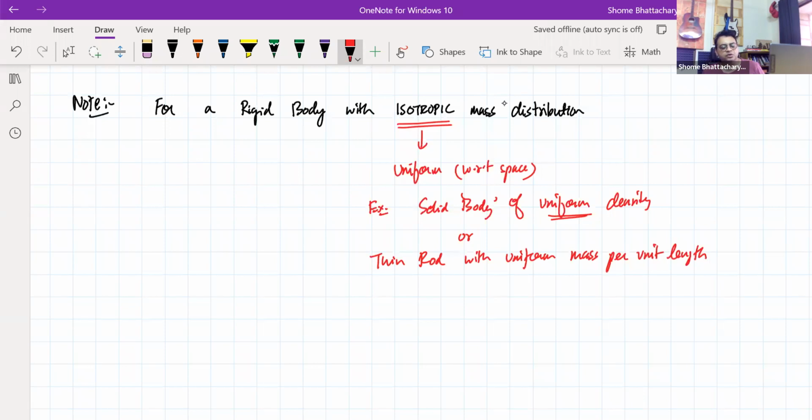If mass is distributed over length with uniform mass per unit length, then we will say it is isotropic. Or if it is a surface, like a thin plate, and it is isotropic, then it has uniform mass per unit surface area. So such bodies will be called isotropic.